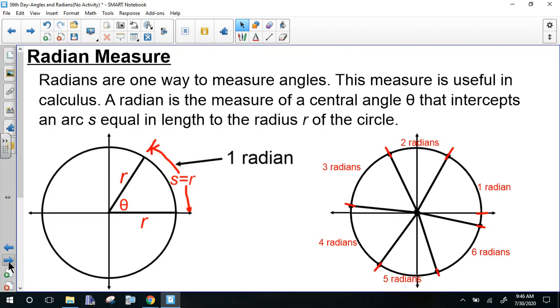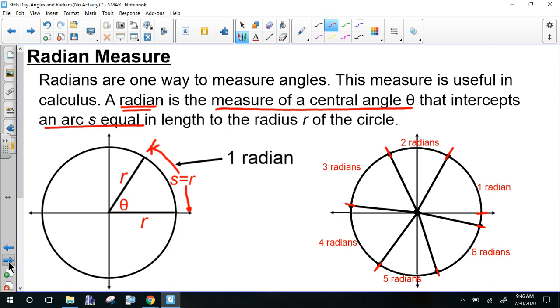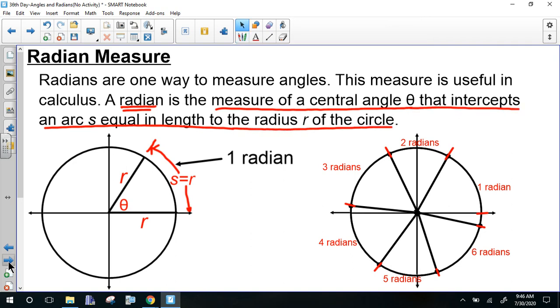So what is a radian measure? Radians are one way to measure angles, and this measure is useful in calculus and, of course, pre-calculus. A radian is the measure of a central angle that intercepts an arc equal in length to the radius of the circle. So what does all that mean?